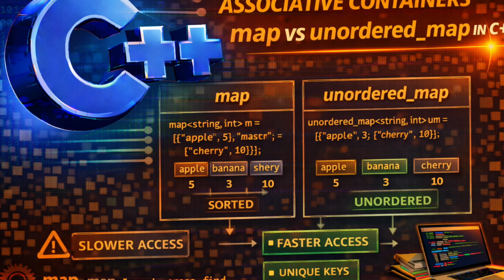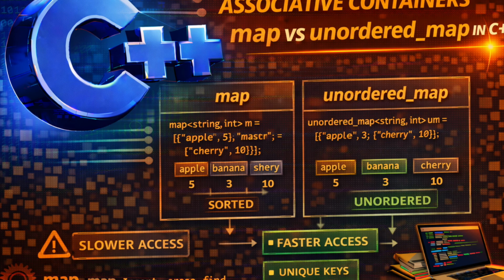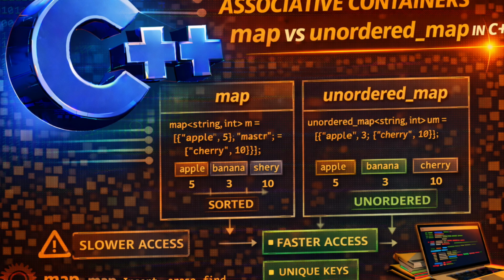Okay, that clarifies passing to a function. But what about the other way? If a function needs to create and return a new map, I always thought returning a big object by value was a bad idea. Historically, it was. It meant a really slow, laborious copy process. But with modern C++, say C++17 and later, this isn't really a major concern anymore. Why not? Techniques like RVO, that's return value optimization, and move semantics let the compiler basically bypass or streamline that copy.